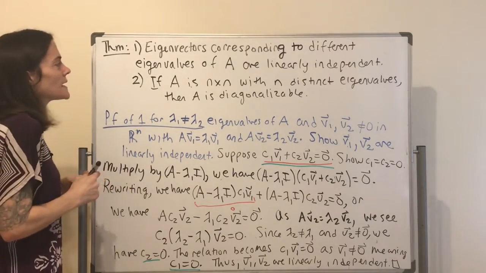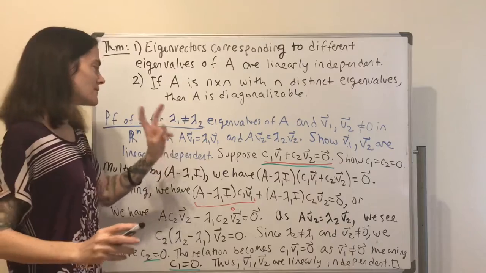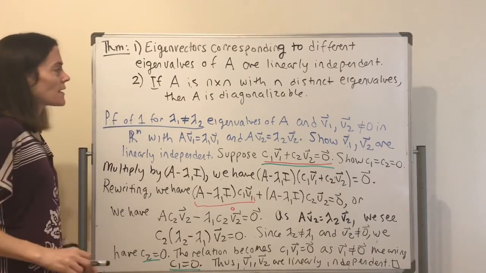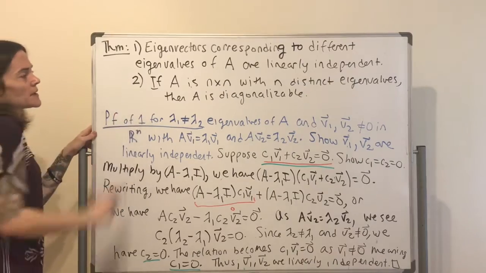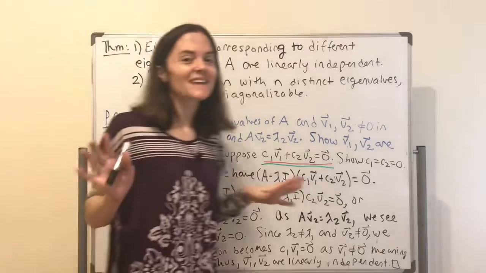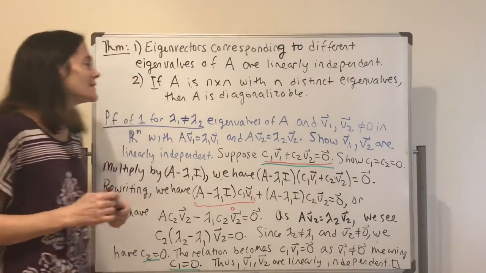So what we see here is that 1 holds, even though I just proved it for 2 eigenvectors and 2 different eigenvalues. But then also we get 2. So anytime you have distinct eigenvalues, you know the matrix is diagonalizable.